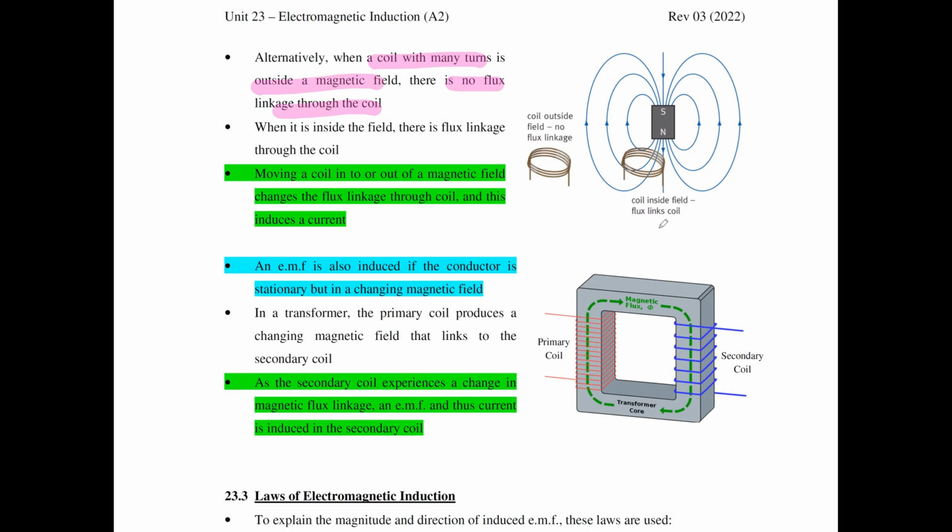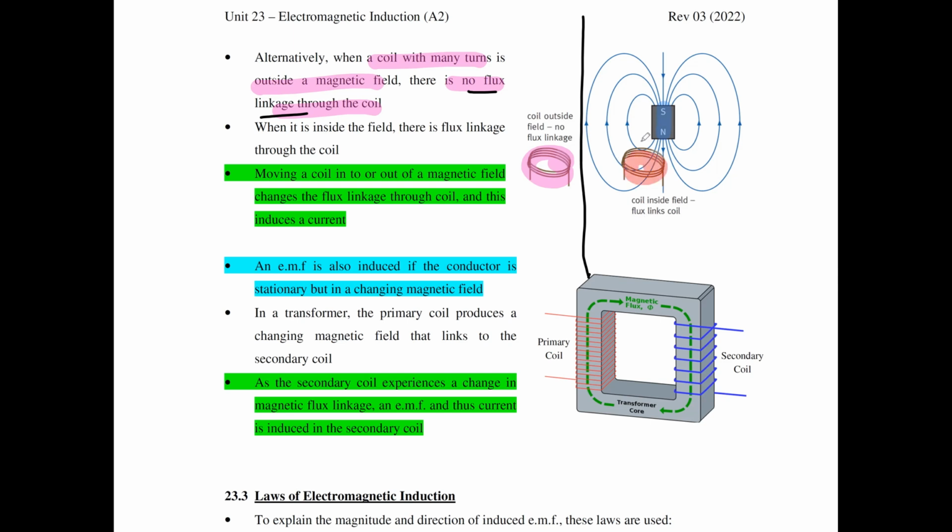Say for example, you look at the diagram here, this is your coil, your solenoid. At this point, your magnet is not inside the picture. Your magnet is very far away, so you only have the coil here. In this case, there's no flux linkage because there's no magnetic field present. But then let's consider that this time, you bring a magnet close to your solenoid or coil.